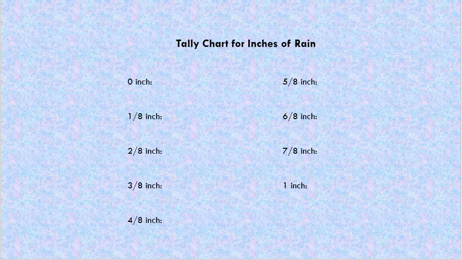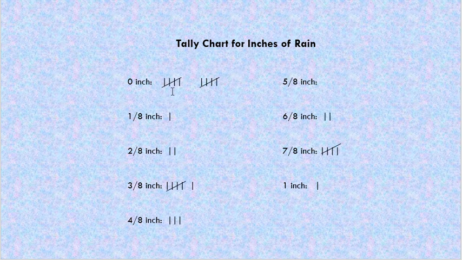Here is the tally chart that we came up with to use. 0 inches, 1/8 of an inch, 2/8 of an inch, 3/8 of an inch, 4/8 of an inch, 5/8 of an inch, 6/8 of an inch, 7/8 of an inch, and 1 inch. Now that you've gathered your data into your tally chart, let's see if our tally charts look alike.